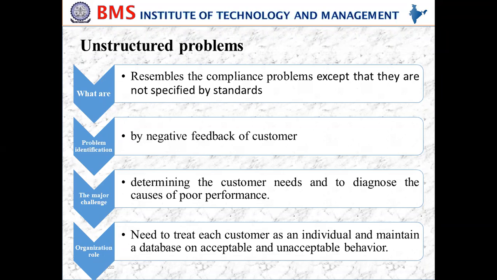Then what is the organization's role in this case? When unstructured problems arise, the organization needs to treat each customer as an individual and maintain a database on acceptable and unacceptable behavior. Whatever feedback the customer gives, satisfied or dissatisfied, negative feedback, a database has to be maintained.